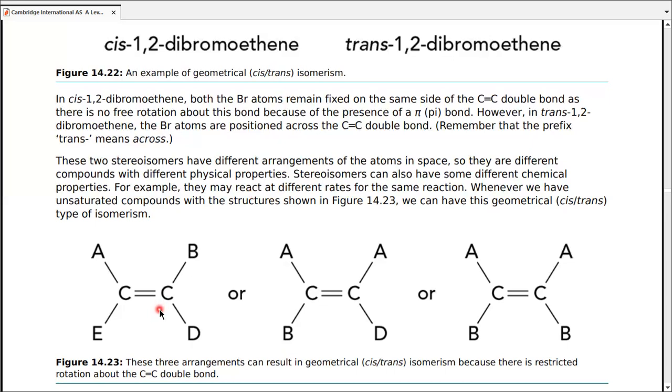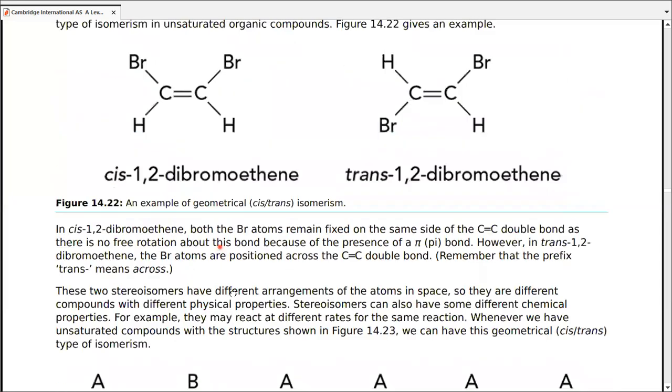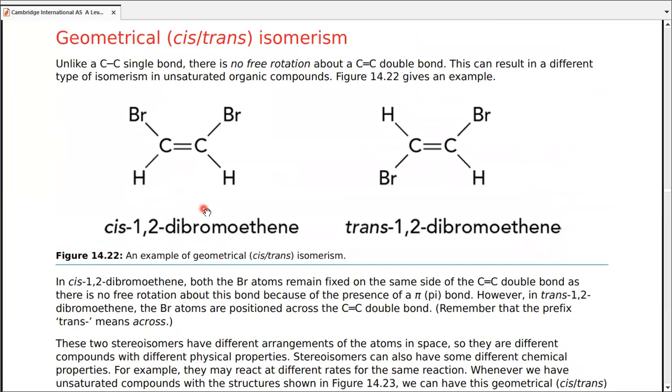And when we talk about medicinal properties, which we're not going to do in this part of the book, specifically in AS, but which we are about to do in A2, you'll understand they might have two entirely different medicinal properties. Let me tell you that a doubly bonded compound may be a medicine as a cis compound and may be a poison as a trans compound.